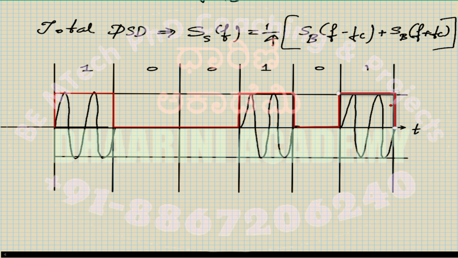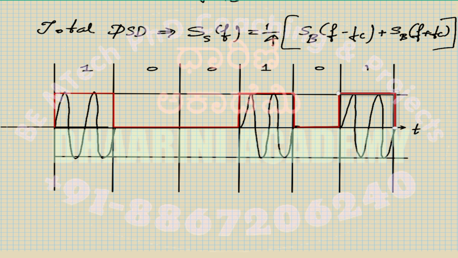There is a rectangular wave plus a sine or cosine wave. Both together generate the delta function, and the rectangular generates a sinc function. That's why our power spectral density of the baseband function has two components: one has a delta function and the other has the sinc square.